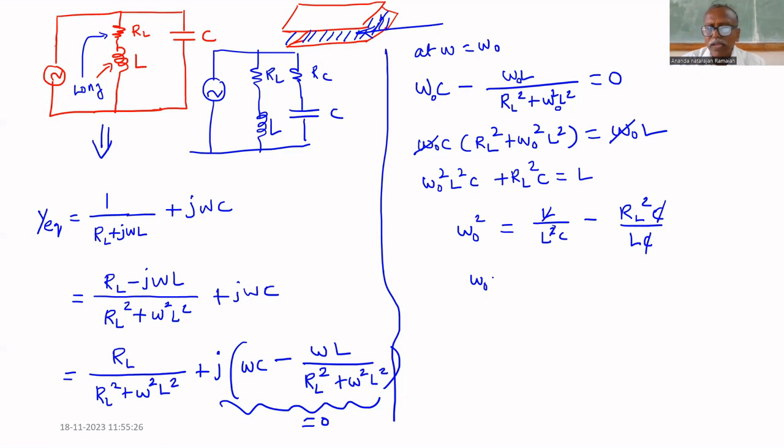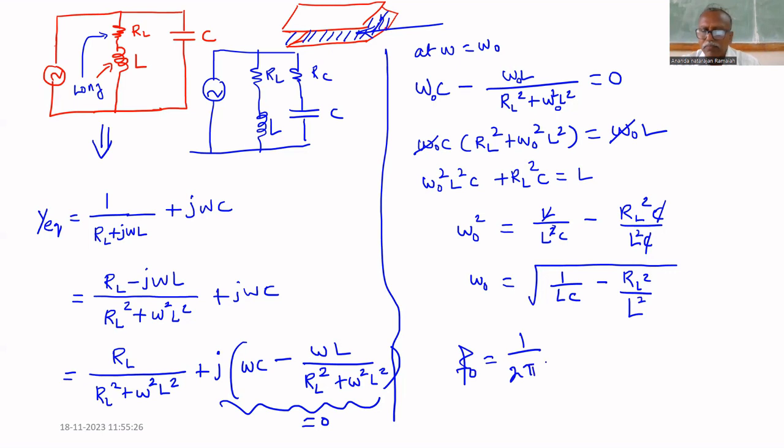Therefore omega naught equals the square root of 1 by LC minus RL square divided by L square. Therefore f naught equals 1 by 2 pi times the square root of 1 by LC minus RL square divided by L square.